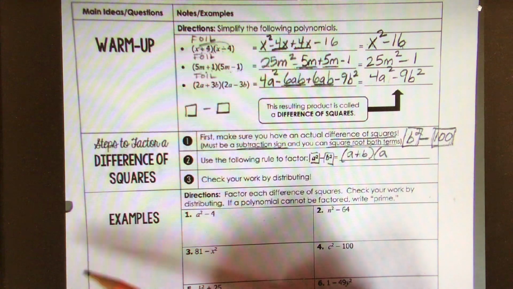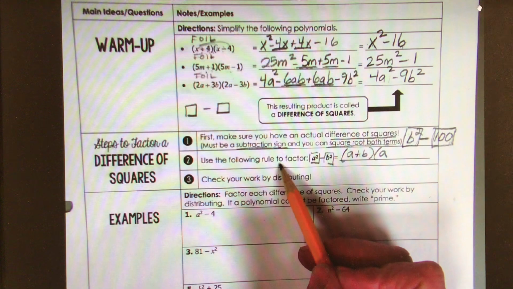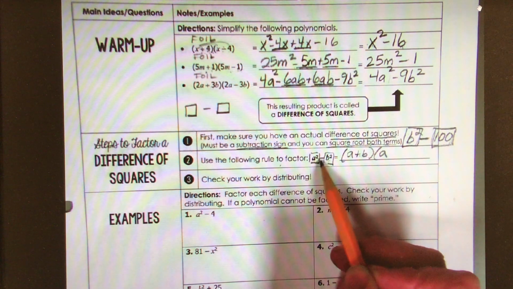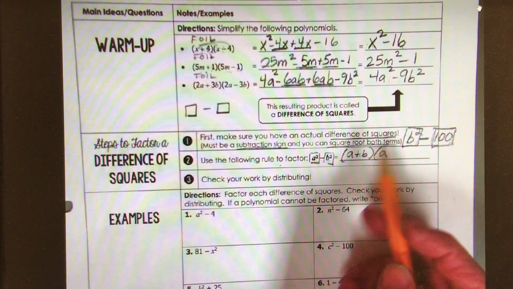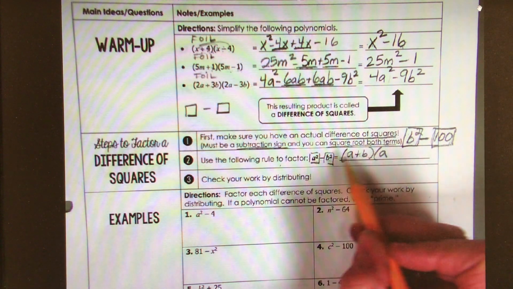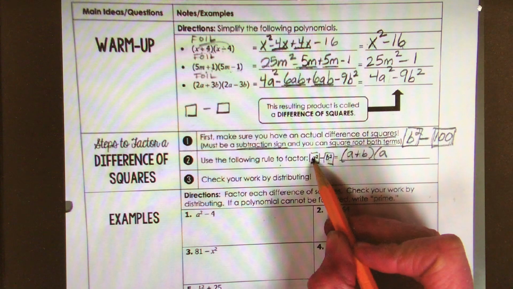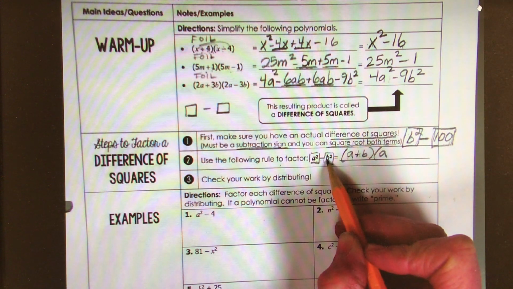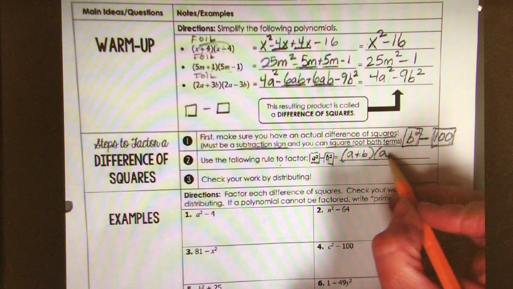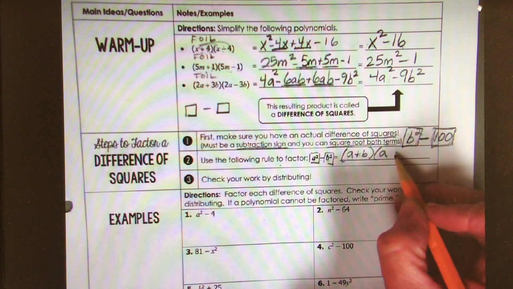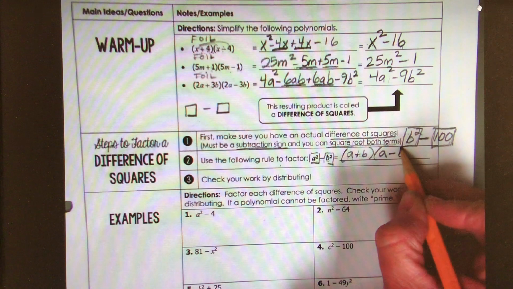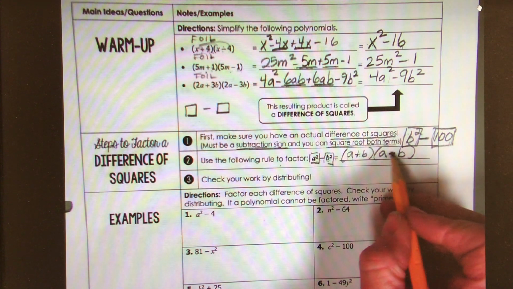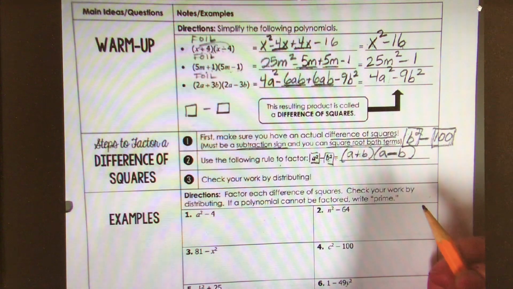So if I look at my rule, because I'm coming up with a rule here, well, if there are two square numbers that I am subtracting, then my rule is that my first factor is I take the square root of one, I add the square root of another. My second factor, or the second binomial, is the same idea. I'm taking the square root of each term, and then I am subtracting them.